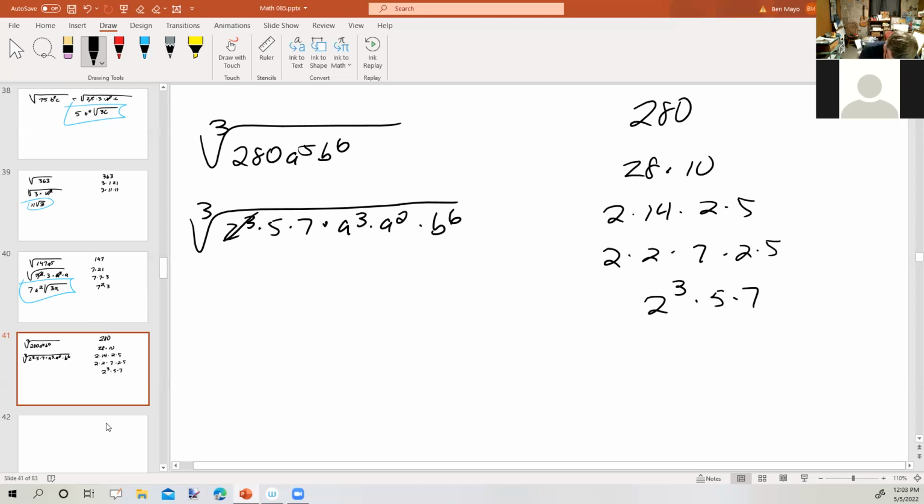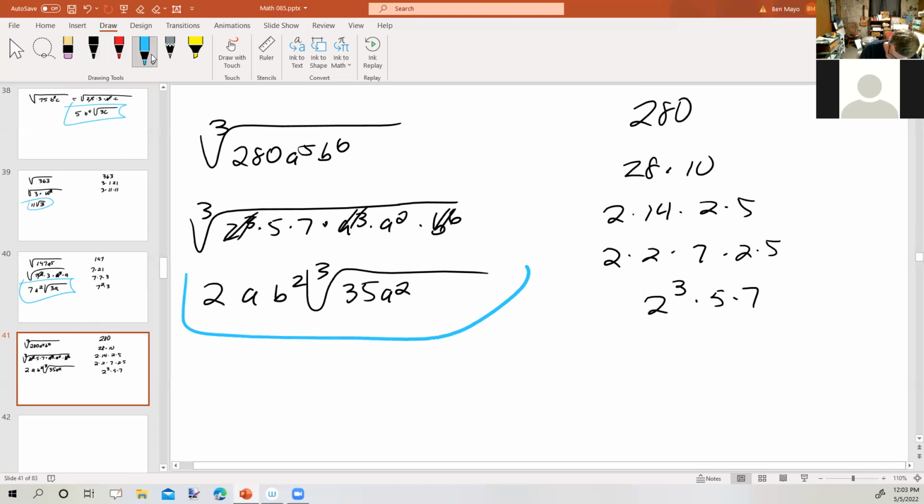So the cube root of 2 cubed is 2 outside. The cube root of a cubed is a outside. The cube root of b to the 6th is b squared outside. And left inside is 5 times 7, 35a squared. And typically we take what's inside and multiply it back together rather than leaving it separately.